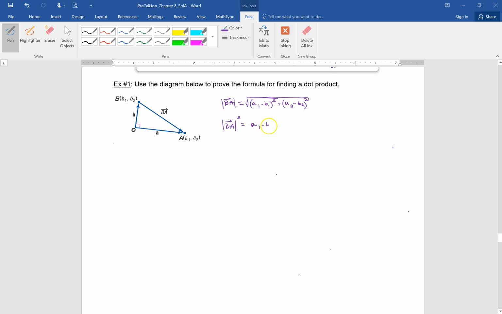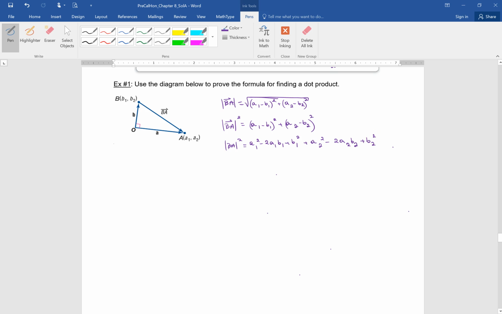And you get A1 minus B1 squared plus A2 minus B2 squared. Okay? And since we came this far, why don't we FOIL this? So we get A1 squared minus 2A1 B1 plus B1 squared plus A2 squared minus 2A2 B2 plus B2 squared.